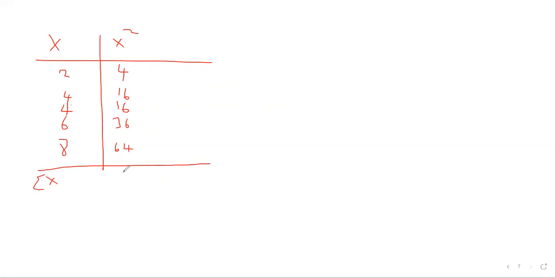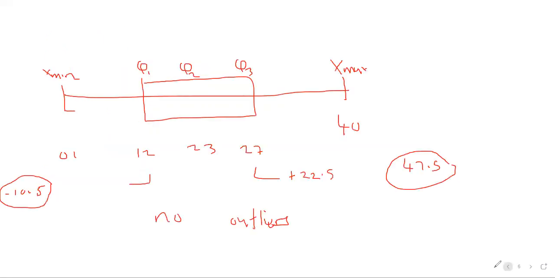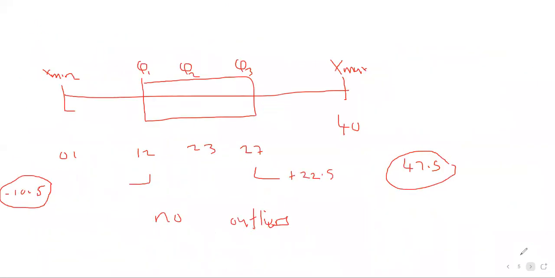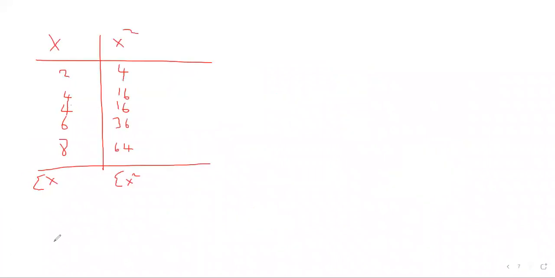So what was the total we found here? Summation of x was what? 24 and 136. Who remembers how do we find the mean?